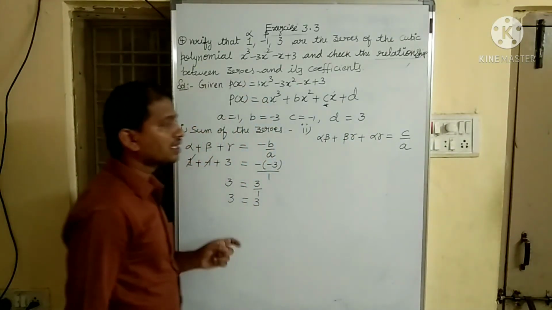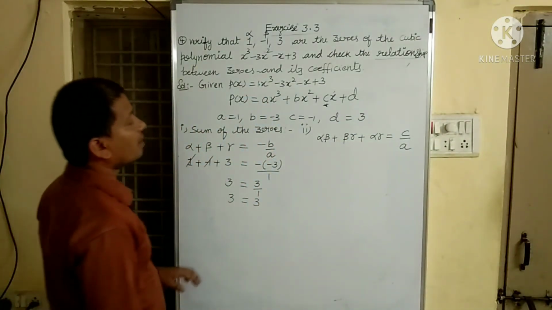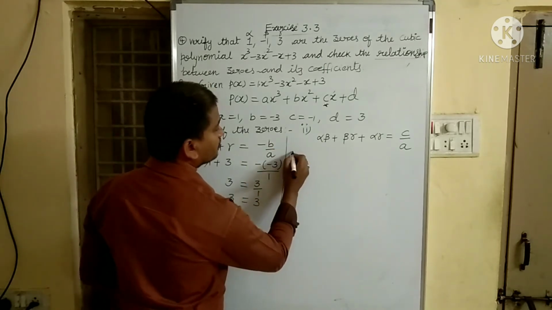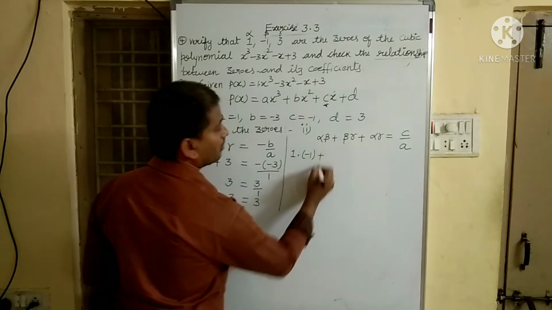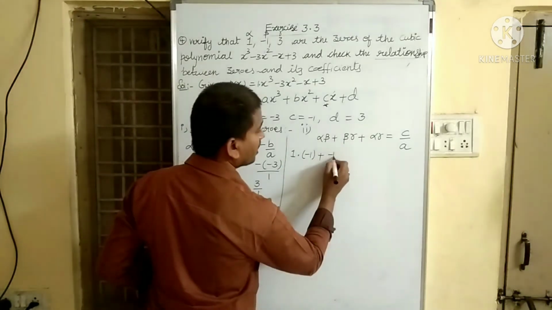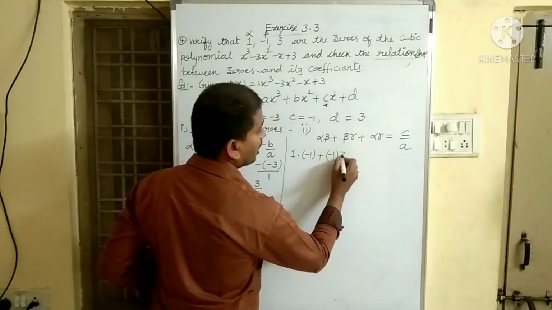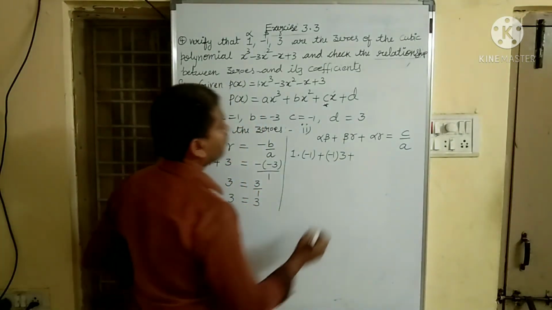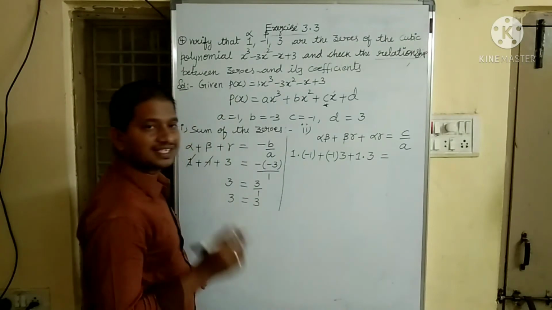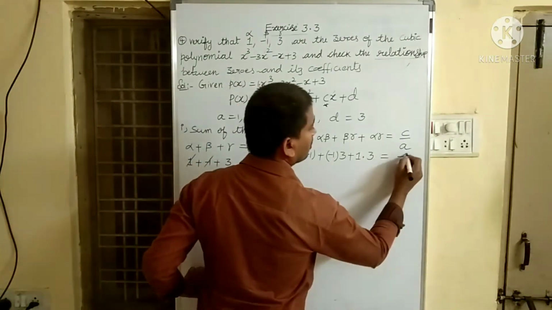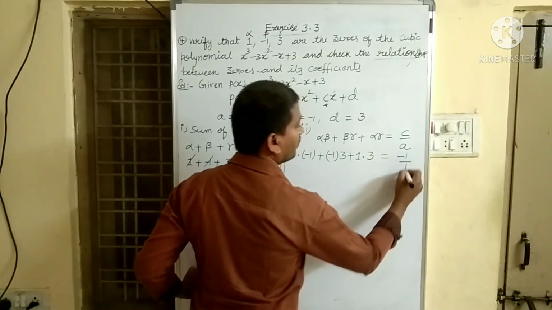Alpha value is 1, beta value is minus 1, gamma value is 3, and c by a is minus 1 by 1.